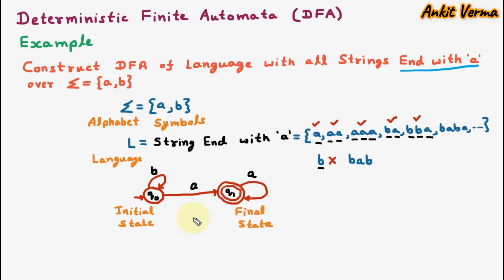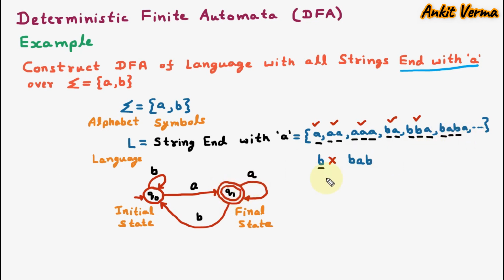So we have to try something else. Now we are checking the next possibility. Whenever we are on Q1 and B comes, from Q1 we can move to Q naught. Now let's check, is it solving our purpose? So we are checking this string. Let us suppose that first of all B comes. Now we are on Q naught. For B we come back to Q naught. Then if A comes, from Q naught we go to Q1.